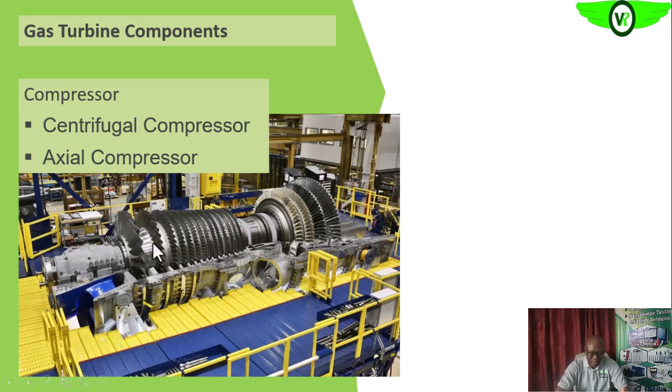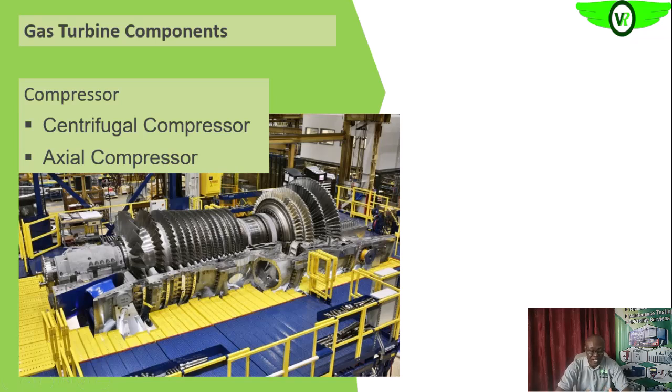This is the axial flow compressor. So this is the rotor, and we have different sets of blades on the rotor. A combination of one set of rotating blades, that is the set of blades on the rotor, and one set of stationary blades, the set of blades on the stator of the gas turbine, makes up a stage.